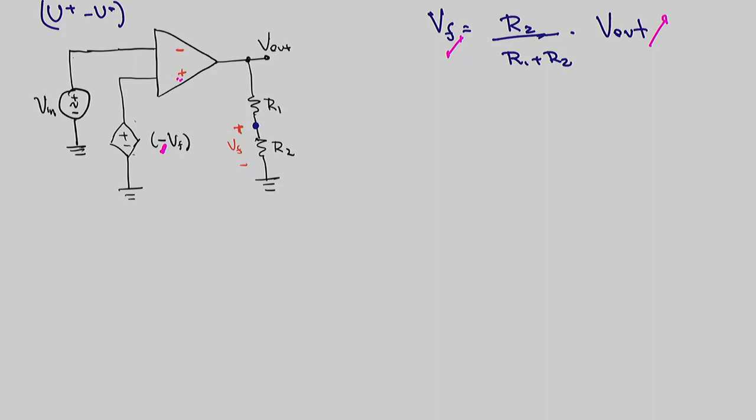So, golden rule number 2 tells us that U plus equals U minus. So, what is U plus? Negative VF. What's U minus? Same thing, or connected to something else.